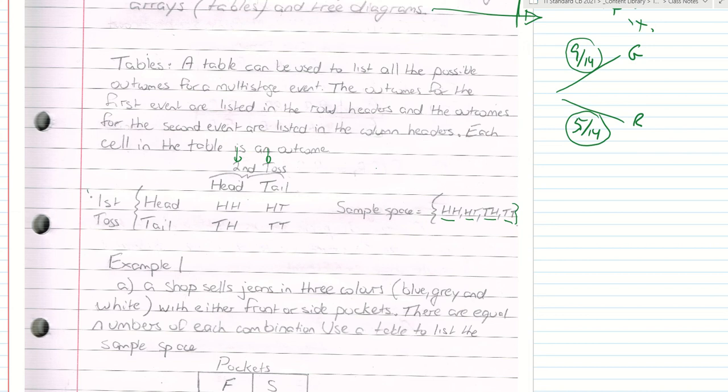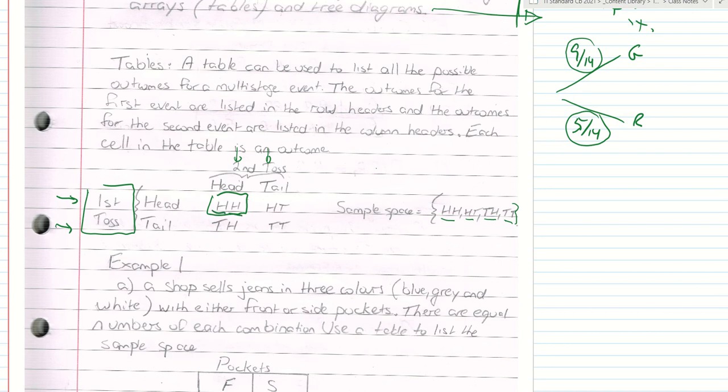So at first, if we're tossing a coin, first toss, put them in the rows, and then your second toss, put them in the columns. Now, the reason I suggest you do this is because it is normal practice, when we are looking at what's in a cell, to list the row and then the column.